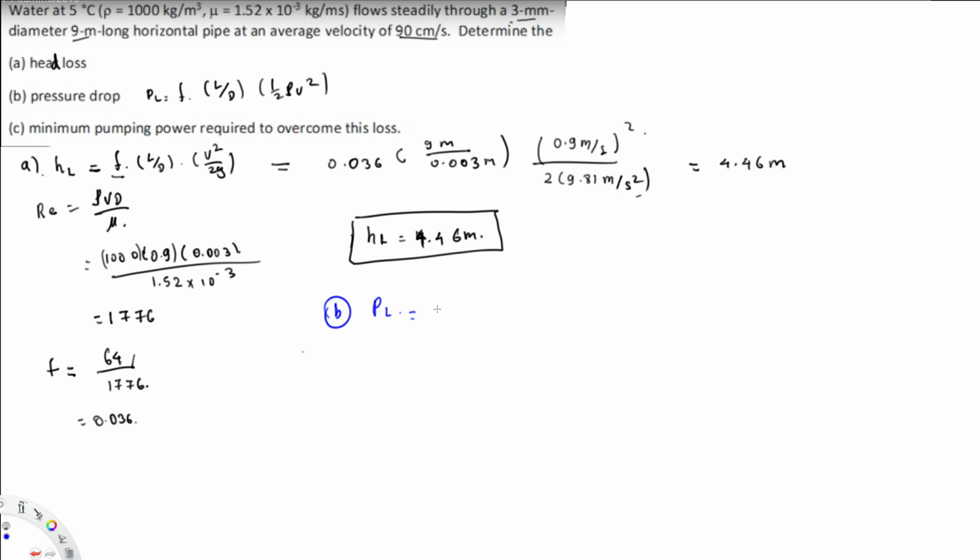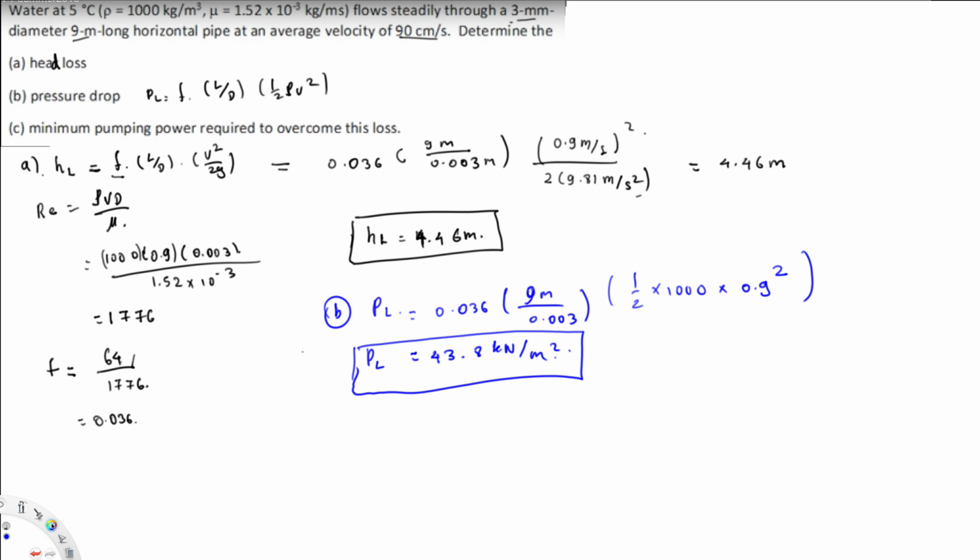That's going to be 0.036 times 9 meter divided by 0.003, times half rho, that is 1000, times velocity, that is 0.9 squared. Then if I calculate this value, this one comes out to be 43.8 kilonewton per meter square. So this is our pressure loss.